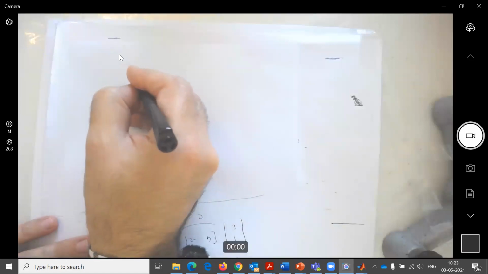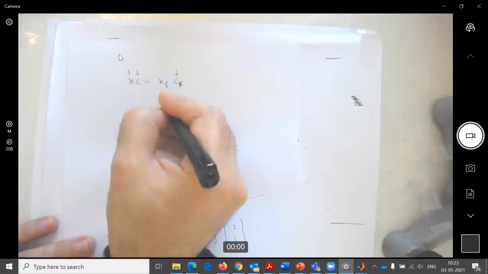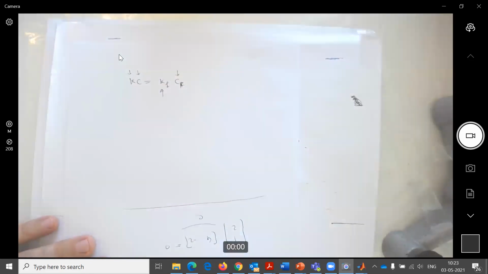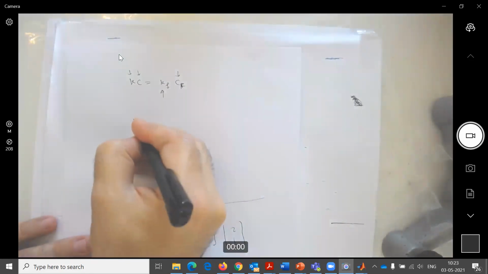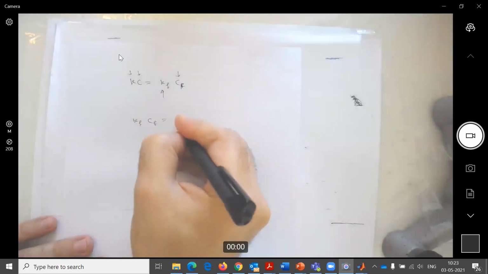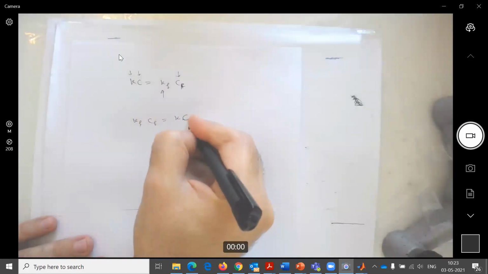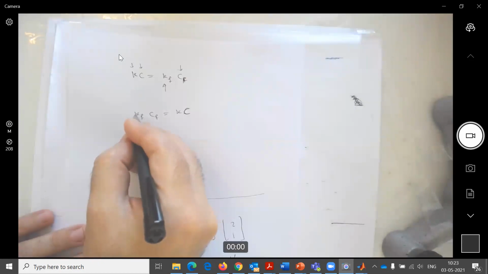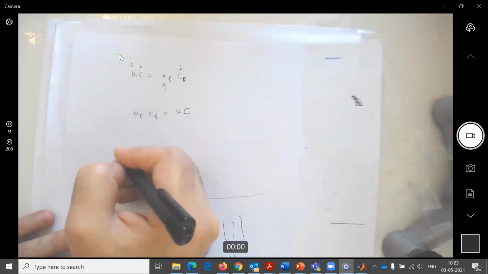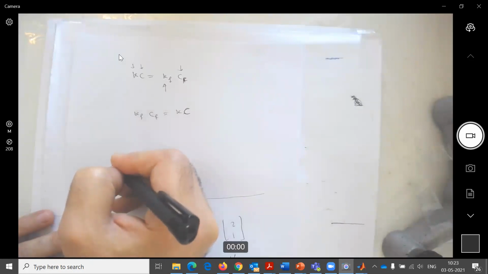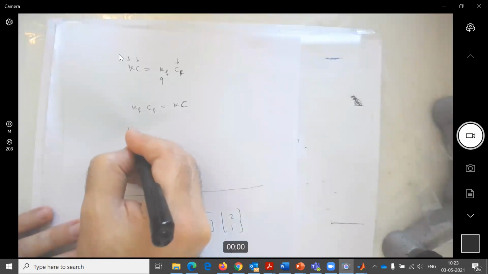So this one is known, this one is known, this one is known, but this one is unknown. So KF is the only unknown here. So KFCF is equal to KC. Therefore, if you want to find KF, you need to find it as a pseudo inverse of the CF. Okay, so what is KF?